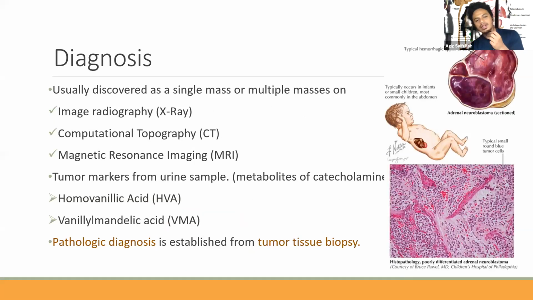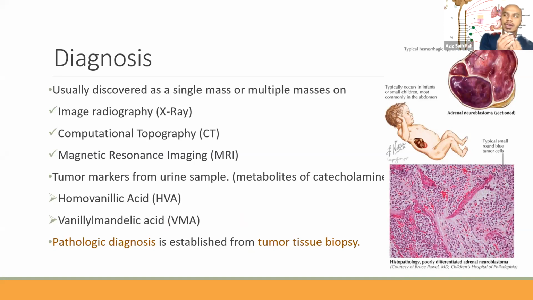For diagnosis, at first, neuroblastoma is usually discovered as a single mass or multiple masses on X-ray, CT, or MRI. So basically, imaging studies to know the locations and sites, and tumor markers from a urine sample, which are homovanillic acid or vanillylmandelic acid, HVA or VMA, in the urine samples.